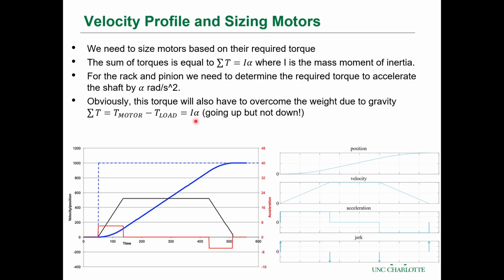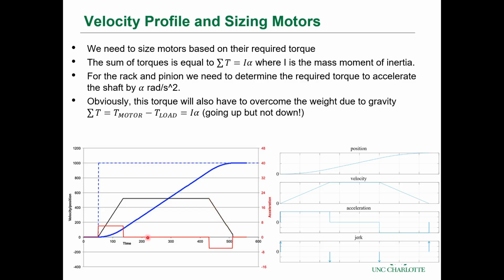Now, when you send a command to the motor, what is often done is this profile here. This is called the trapezoidal velocity profile. The black line is your velocity. So usually people want to go at an increasing velocity up to their desired velocity, and then hold that velocity until they want to stop, and then they go down.